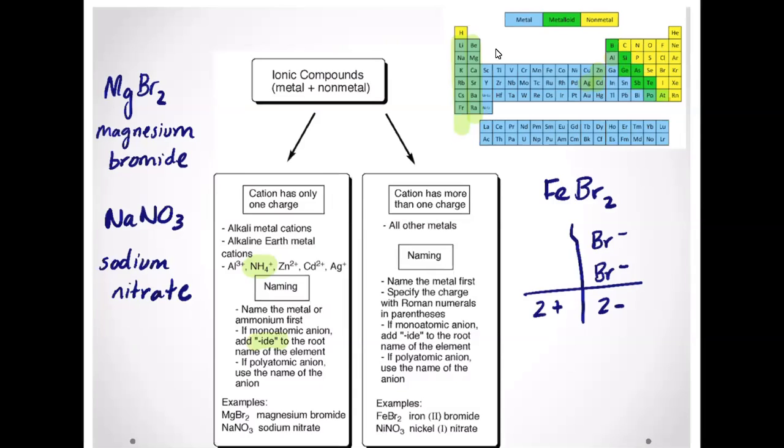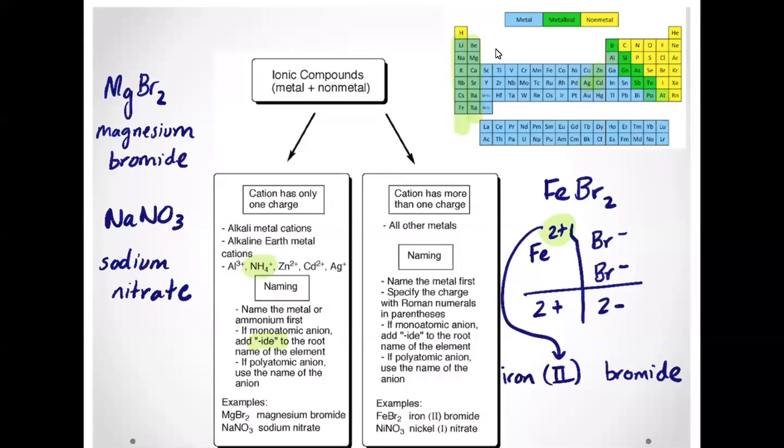So my 1 iron is carrying the 2 plus, and this 2 plus means Roman numeral 2. So when I write the name iron, Roman numeral 2, bromide, the Roman numeral tells me the charge of my metal.